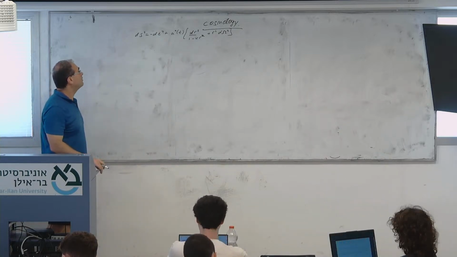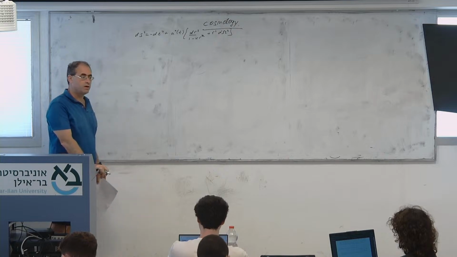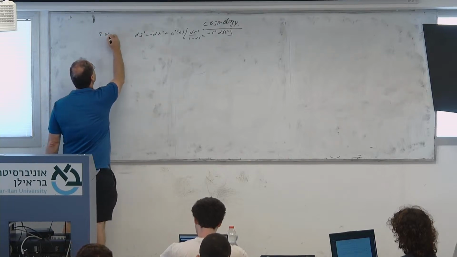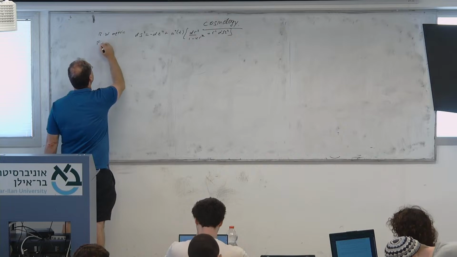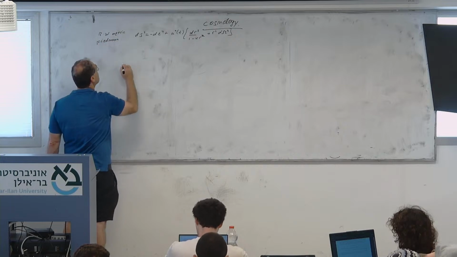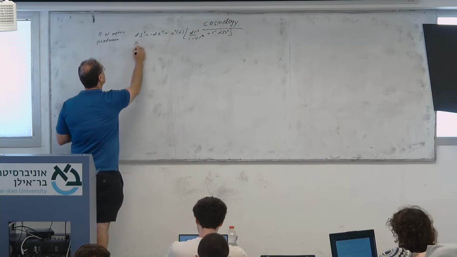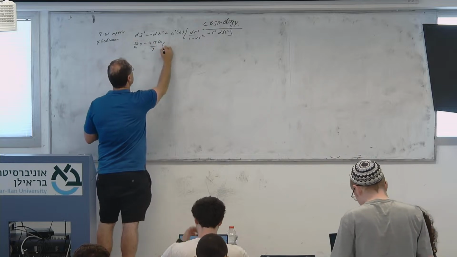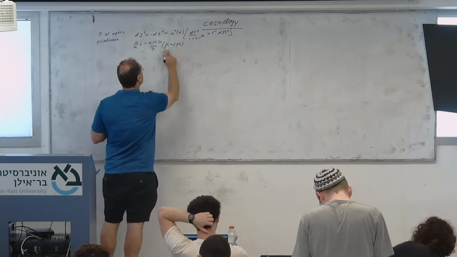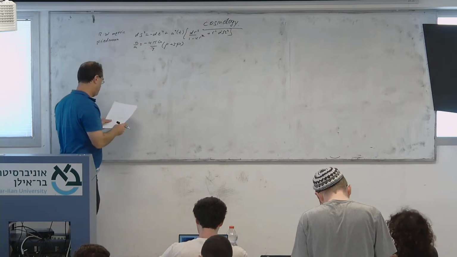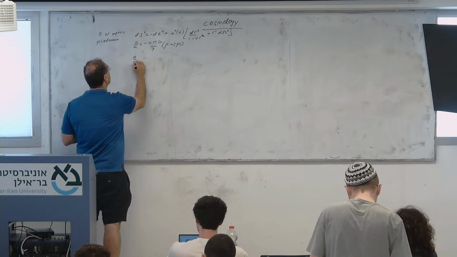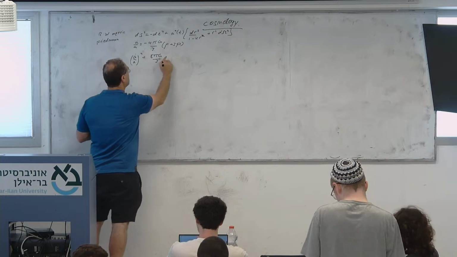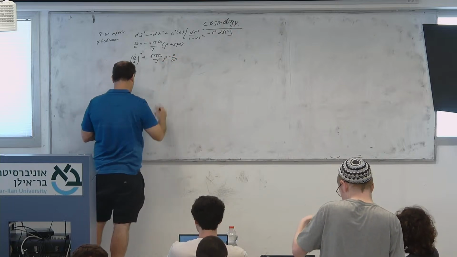For the way a evolves in time, we plug into Einstein's equation, and we end up with two equations known as the Friedmann equations. This is the Robertson-Walker metric, and the Friedmann equations: a double dot over a is equal to minus 4 pi G over 3 times rho plus 3p. Rho is the energy density, p is the pressure, and a dot over a squared is 8 pi G over 3 rho minus k over a squared.